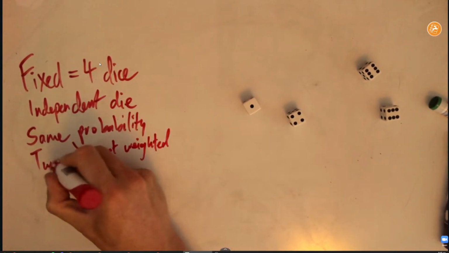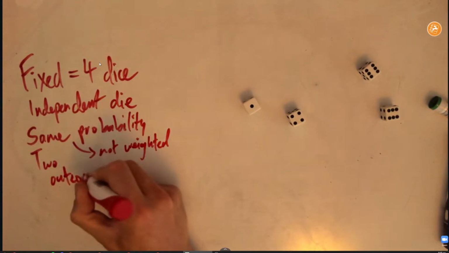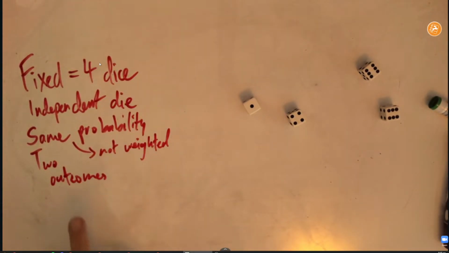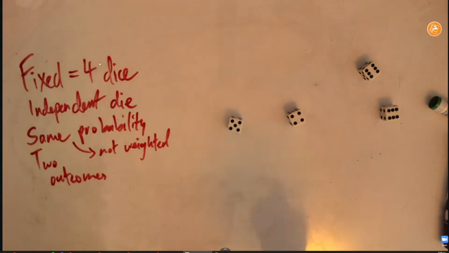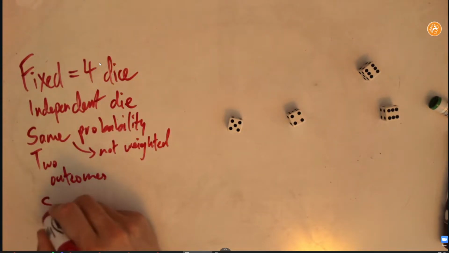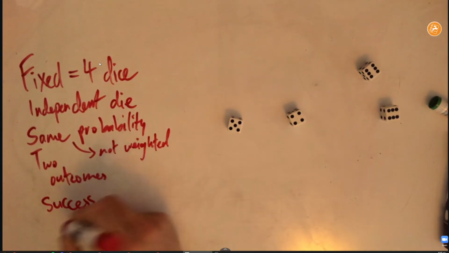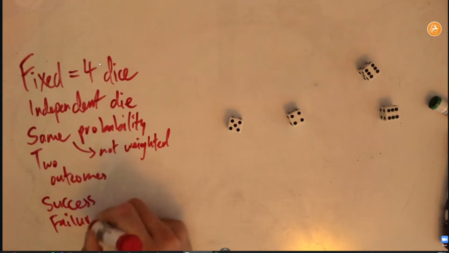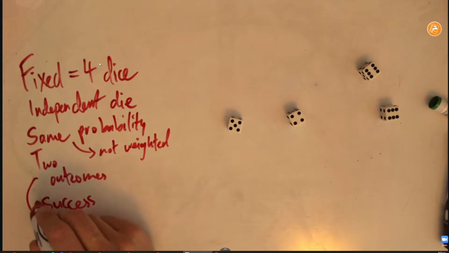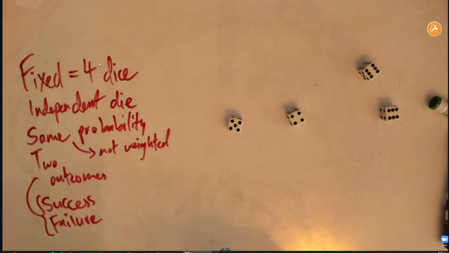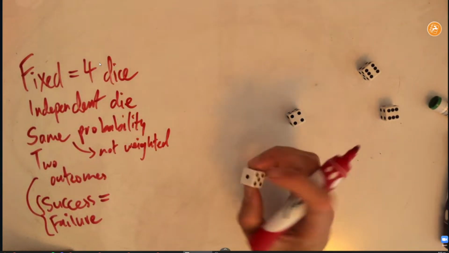And finally, 2 outcomes. How are we going to do this with dice? Because actually a die has more than 2 outcomes on it. So we need to make some way of having success or failure with our dice. So we need to label what our success is going to be and what our failure is going to be. So how am I going to do it? Just like this. Right? Success or failure. So I'm going to call success on my dice, what's the best number?